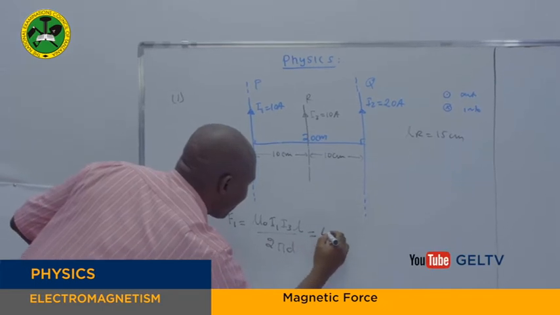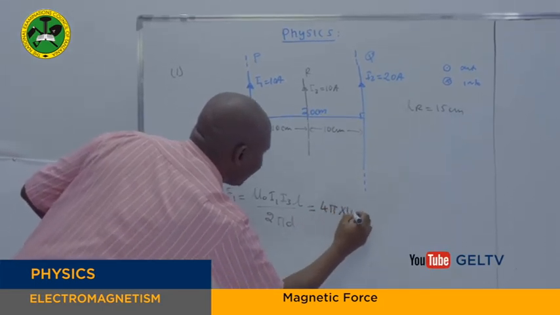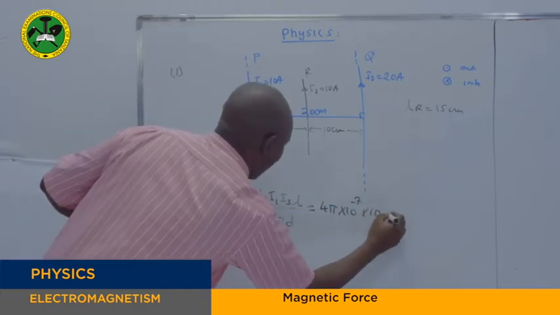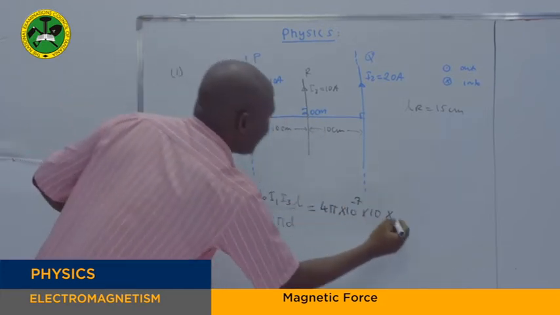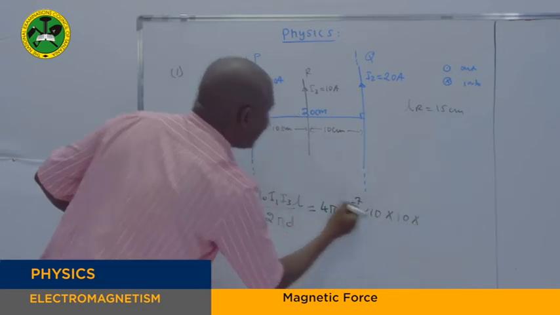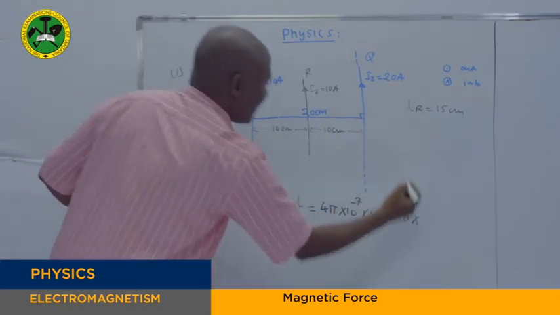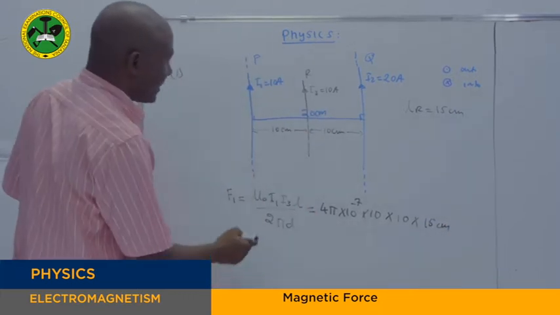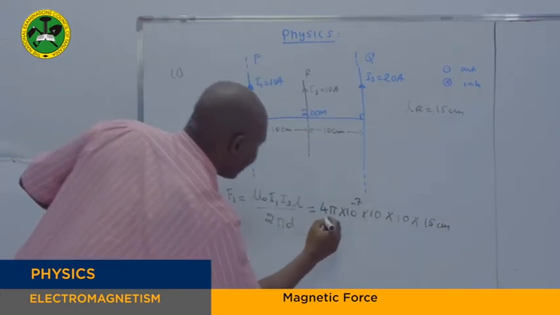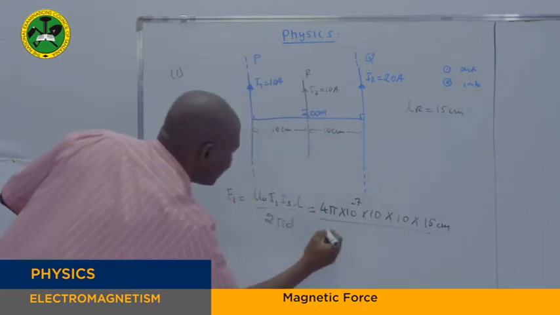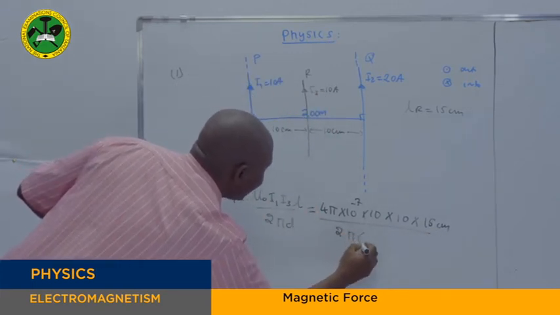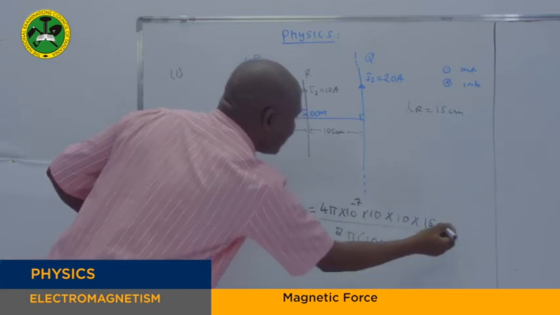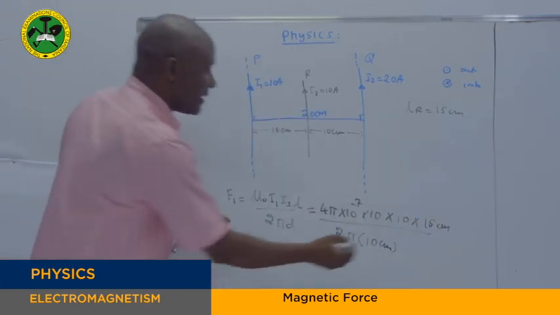Mu is 4 pi times 10 negative 7, times I1 which is 10, I3 which is 10, and the length of this wire is 15. Since the denominator has another length, they cancel each other. 2 pi times d, the distance here, is 10. There's no need of converting into meters, because the centimeters cancel out.